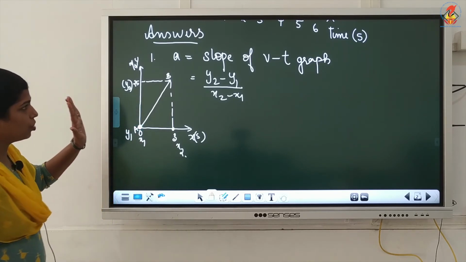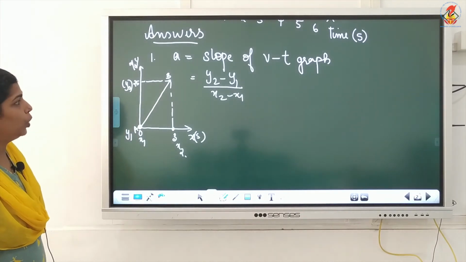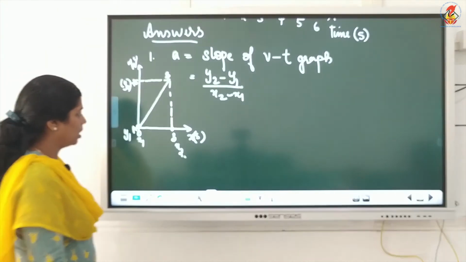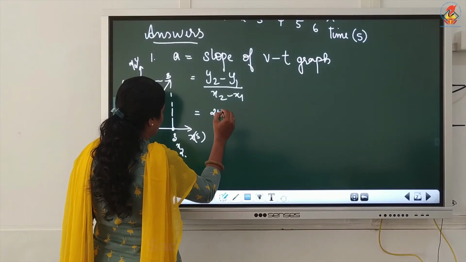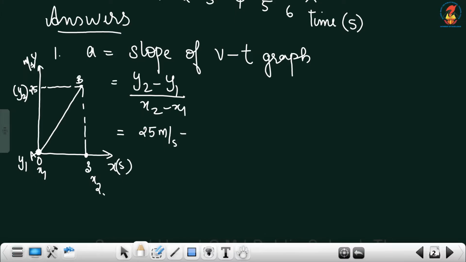So, what is the equation to find the slope of the graph? (y2 minus y1) divided by (x2 minus x1) is equal to y2, which is 25 meter per second, minus y1, which is 0 because the graph starts from the origin, divided by x2, which is 3 seconds.